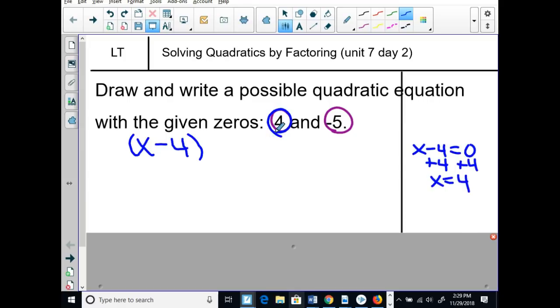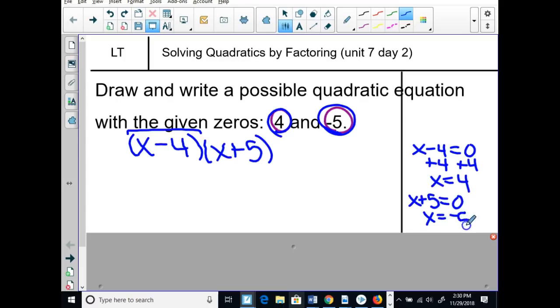So I know that this factor here gives me a solution of 4. Now again, I'm going to take the opposite here, so I'm going to take x plus 5. That's all you're doing, taking the opposite of what you see. X plus 5, if that was my factor, and set that equal to 0, that gives me negative 5, our solution.